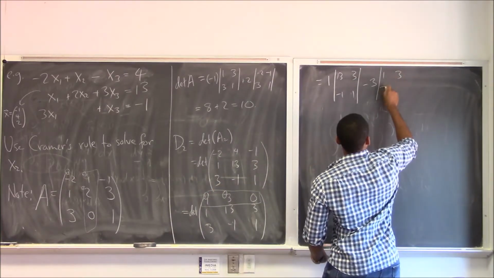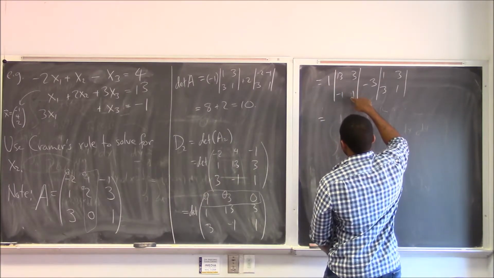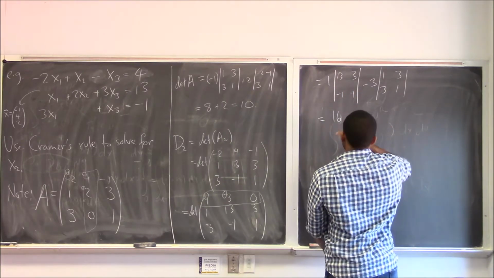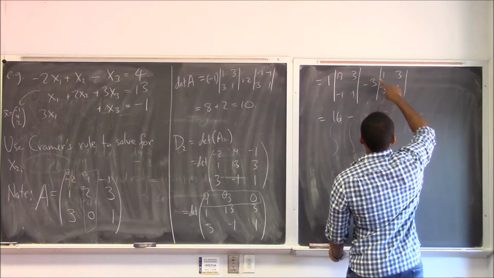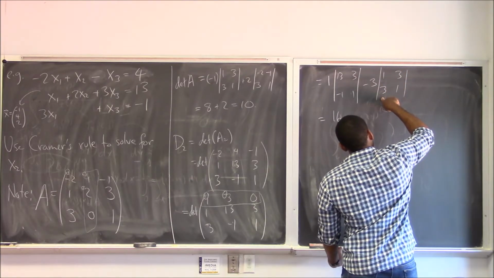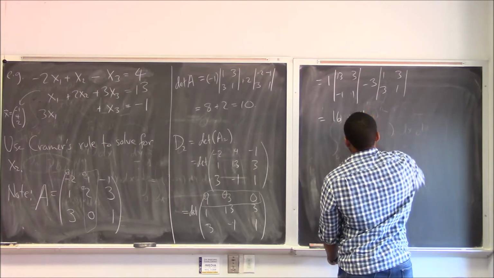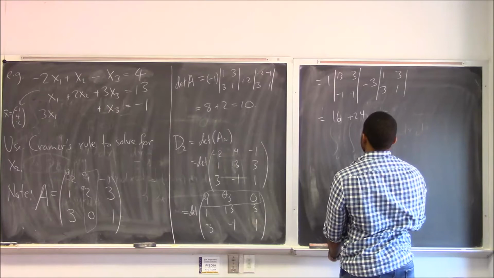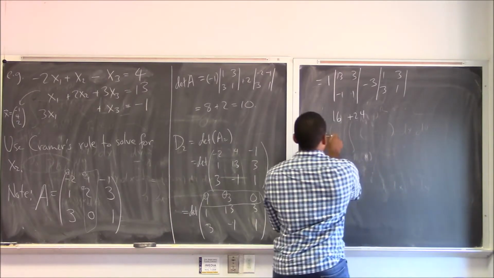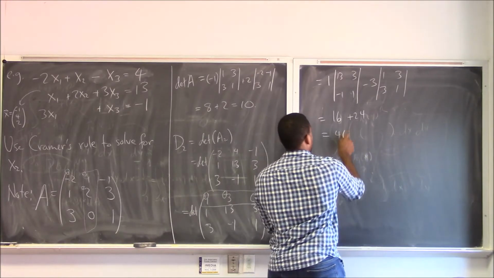It's 1, 3, 3, 1. This will give us 13 plus 3, that's 16, minus 1, minus 9, it's minus 8, times minus 3, it's what, 24? Right? Yes. And that would give us what here? 40. That would give us 40.